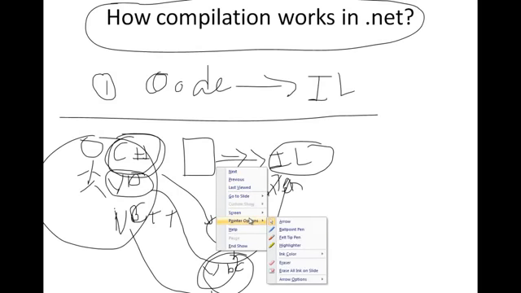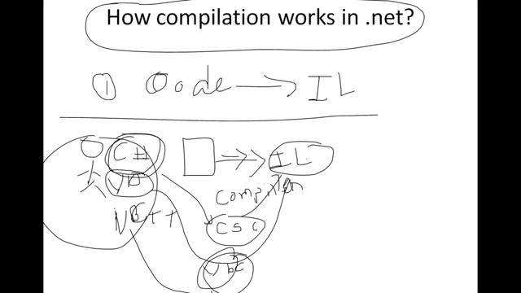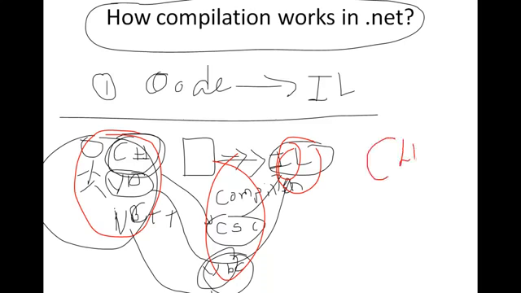So the next step is, now we understood this, right? We have some code written in C#, VB.NET or VC++, which is compiled into IL by the respective compilers. Now where does the CLR come into the picture?